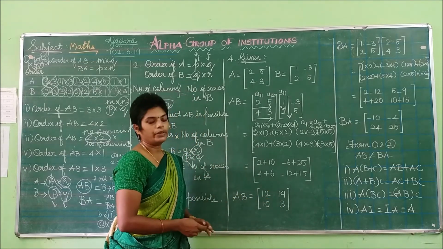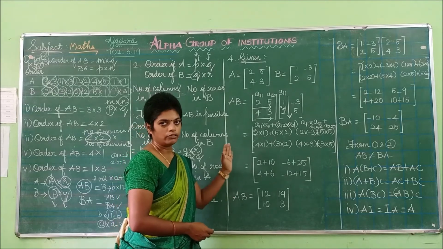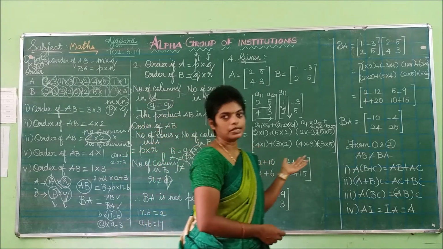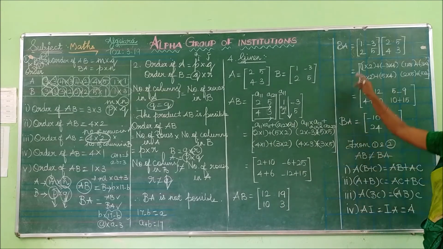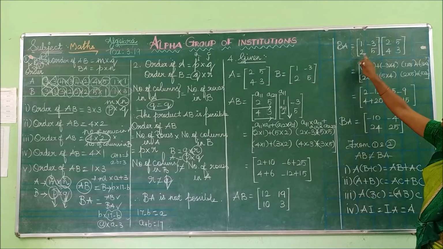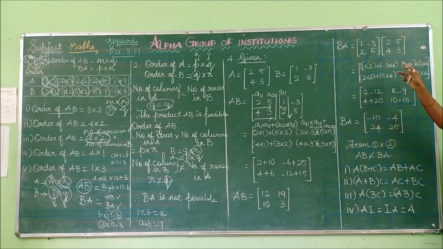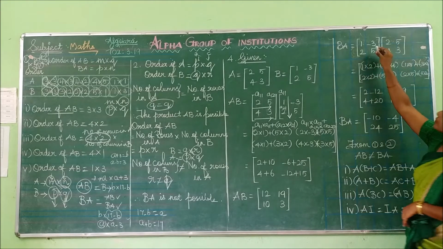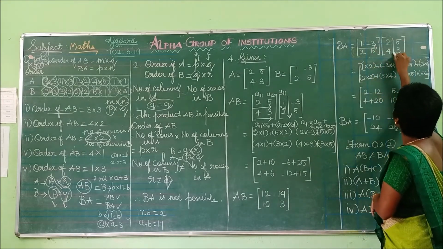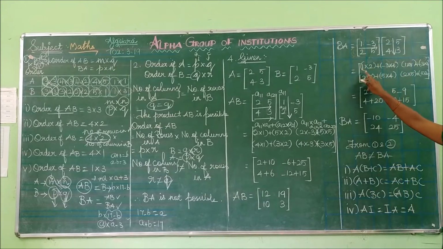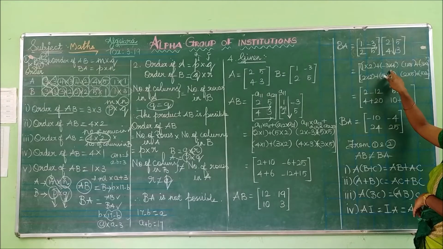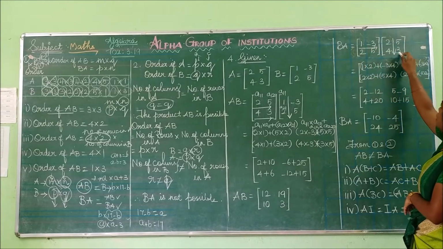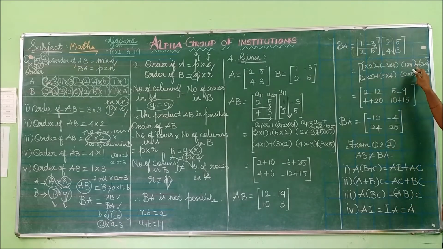Next, move on to BA. AB we have found out. We have to move on to the next part, which is BA. So take the B matrix and the A matrix. Here the B matrix is 1, minus 3, 2, 5 and A is 2, 5, 4, 3. So first row into first column: 1 into 2 plus minus 3 into 4. Next first row second column: 1 into 5 plus minus 3 into 3.